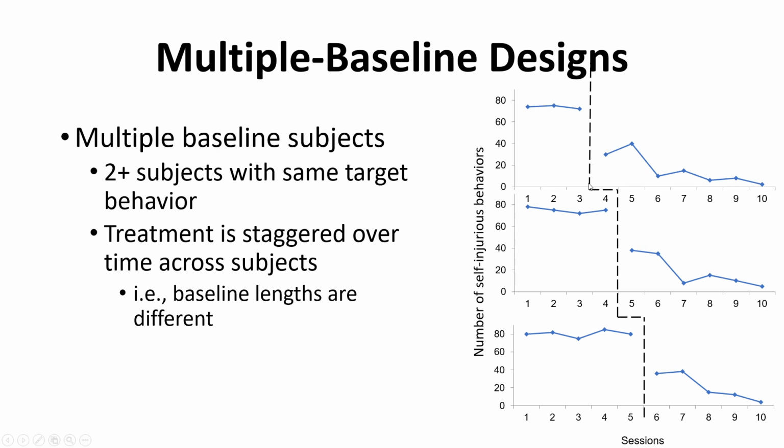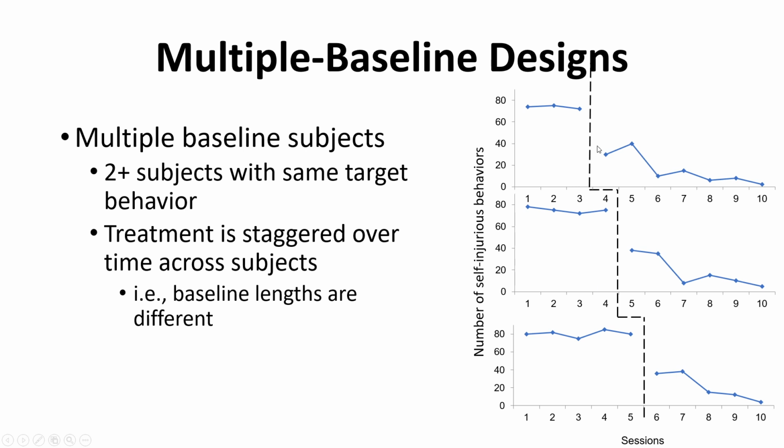Individual number 1 would get that treatment, would be exposed to that course, after the 3rd day. Number 2 would get it after the 4th day, and the 3rd person after the 5th day. So in this case, our baseline lengths are different and the treatment times are at different places, because we have our phase line showing us the before and after.